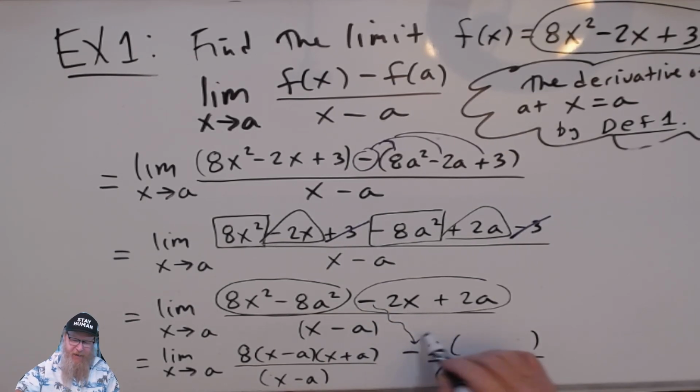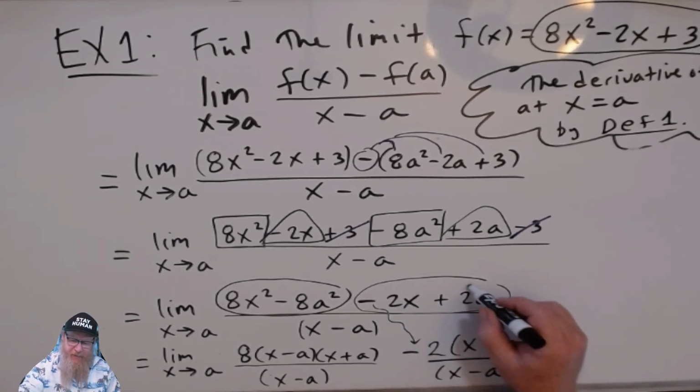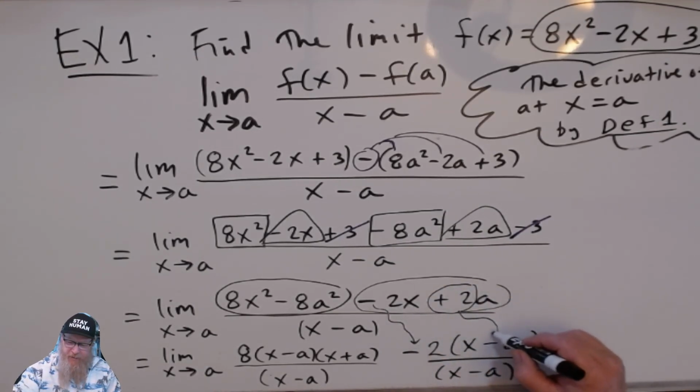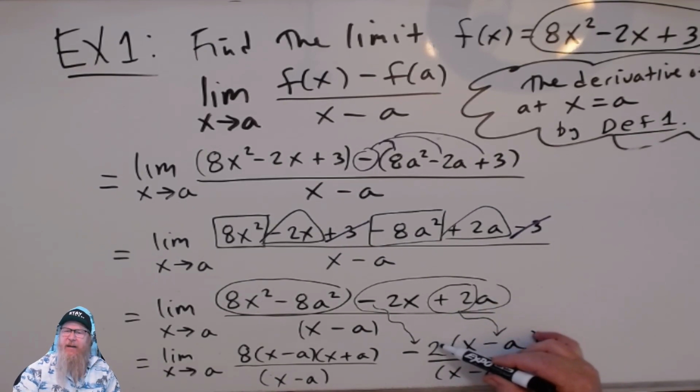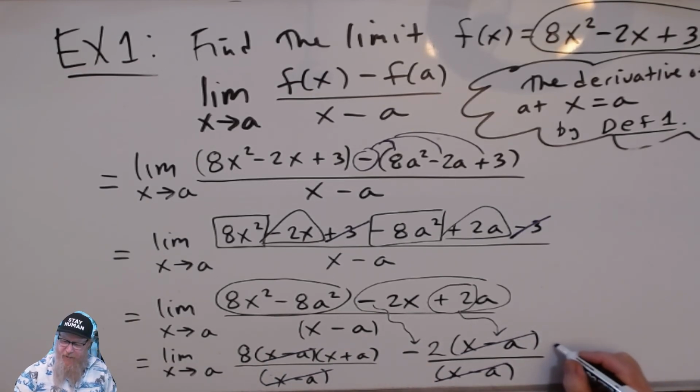All right, be very careful with negatives. When you factor out a negative 2, the 2 and the negative come out, and that changes the sign. And the whole reason why we do this is because our goal is to cancel the denominator so that we don't have division by 0.